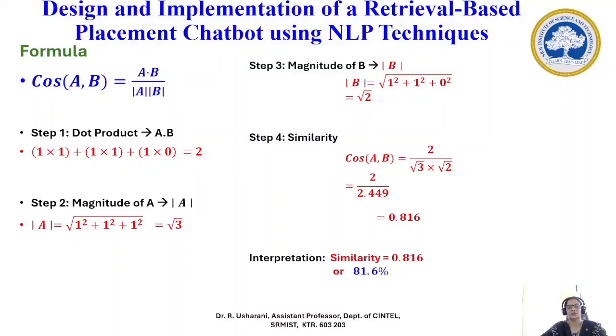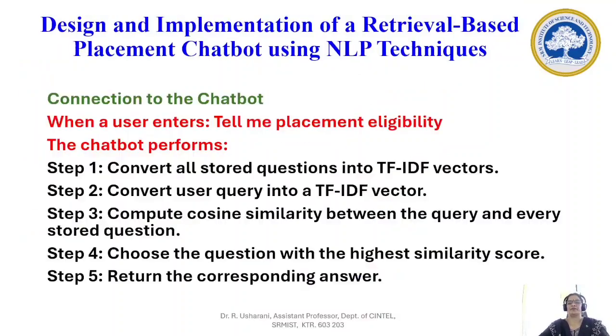The similarity score equals 0.816, or we can say 81.6 percent. So using the term frequency inverse document frequency vectorizer and cosine similarity, after understanding all these things, we can implement this with a Python program.